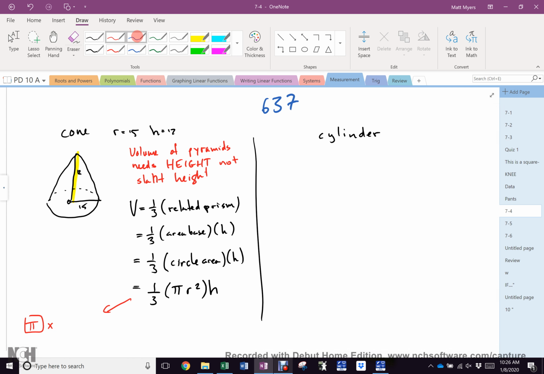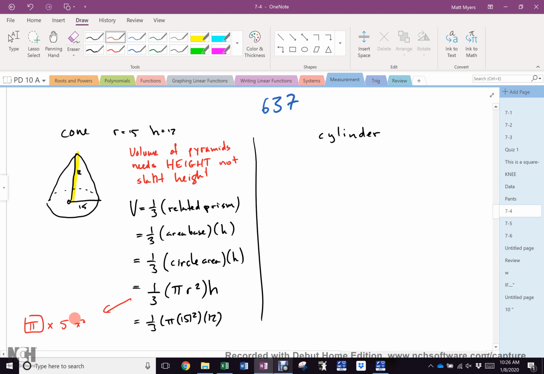Oh, wait, we should write it out. It's 1/3 pi times 5 squared times the height, was it 12 or 22? I can't even read my 12. Now, in real life, we would punch pi times 5.